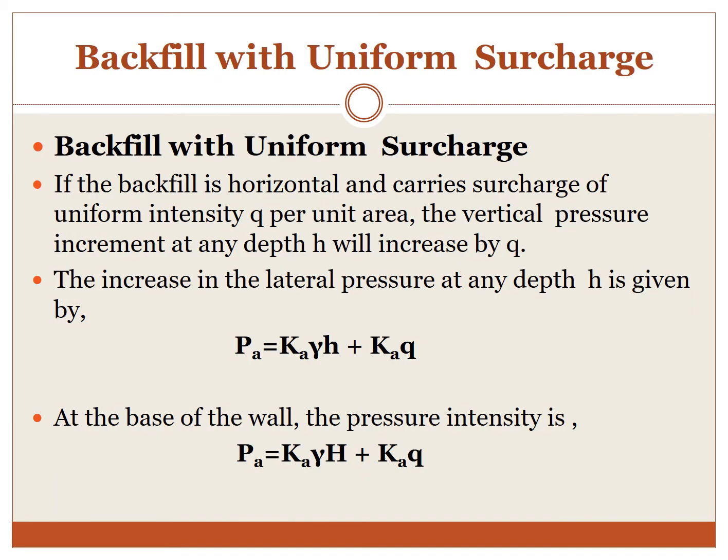Next condition, backfill with uniform surcharge. If the backfill is horizontal and carries a surcharge of uniform intensity, which is Q per unit area, the vertical pressure at any depth H will increase by Q. The increase in the lateral pressure at any depth is given by this equation: Pa = Ka gamma H plus Ka Q, where Ka is the active earth pressure, gamma is the unit weight of the soil, H is the height, and Q is the uniform intensity of surcharge.